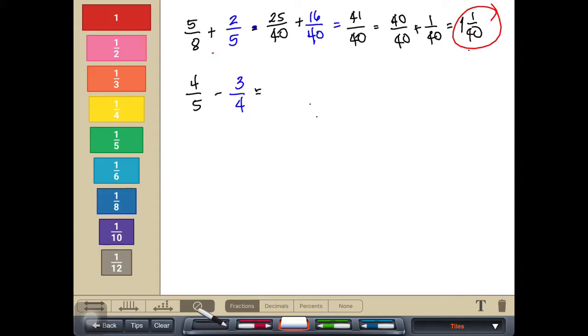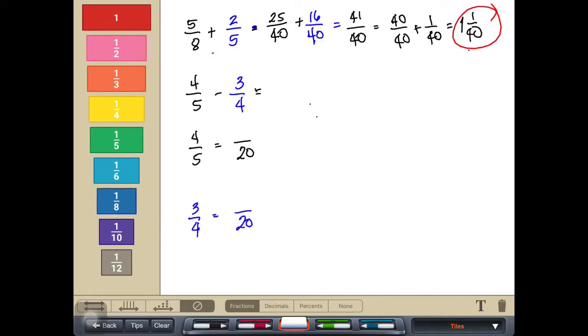That's 5, 10, 15, 20, 25. 4, 8, 12, 16, 20. So 20 is the first one to come up. So I can change 4/5 into 20ths as well as 3/4 into 20ths.